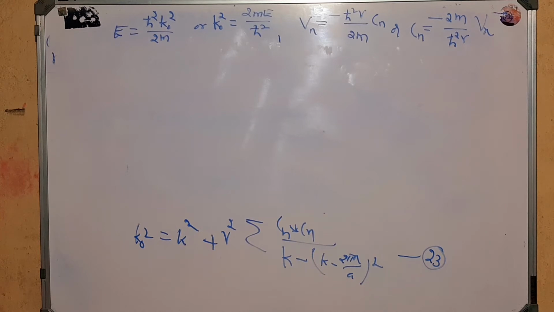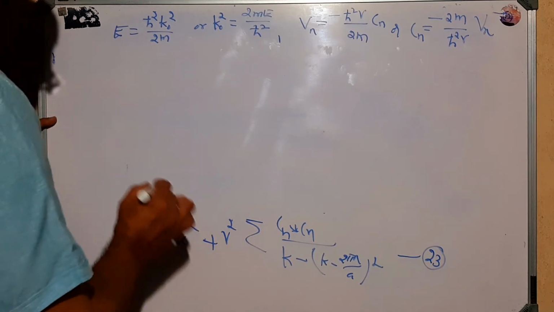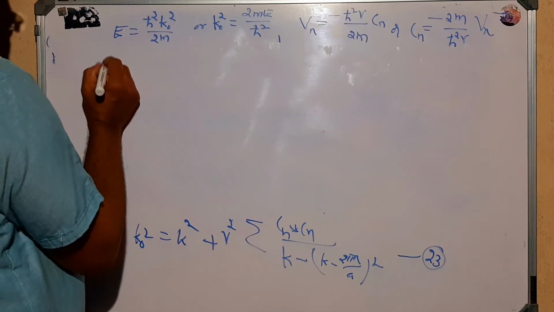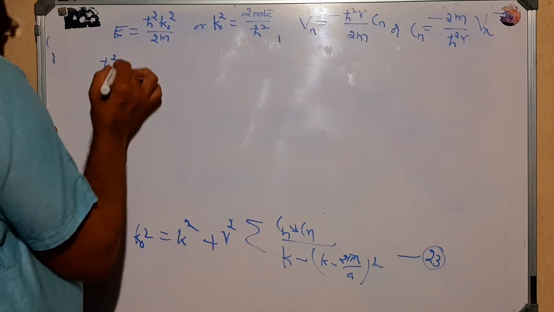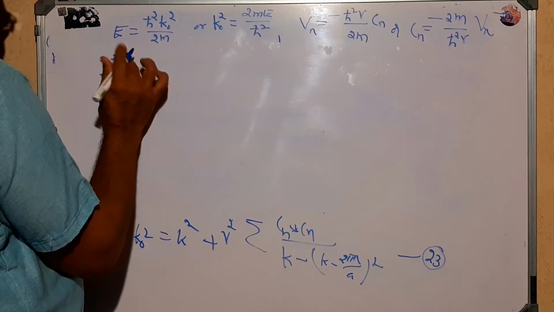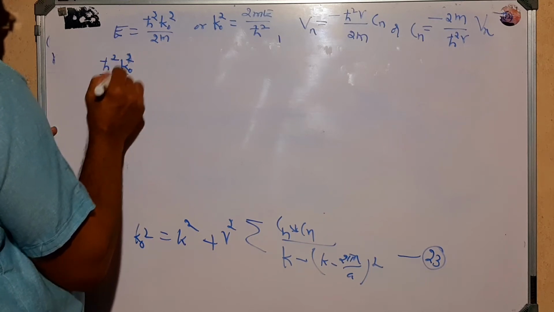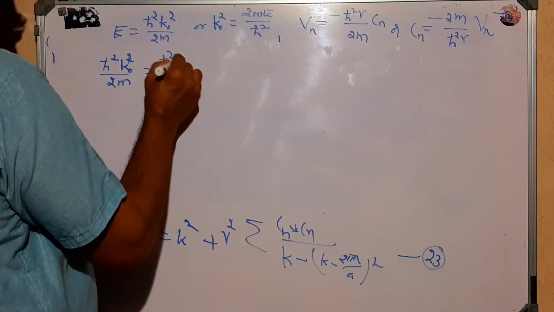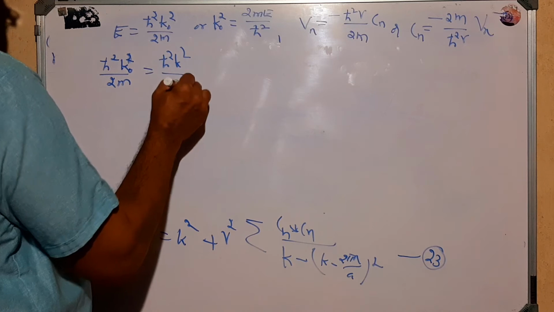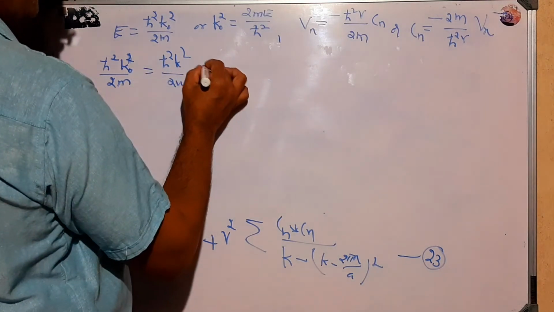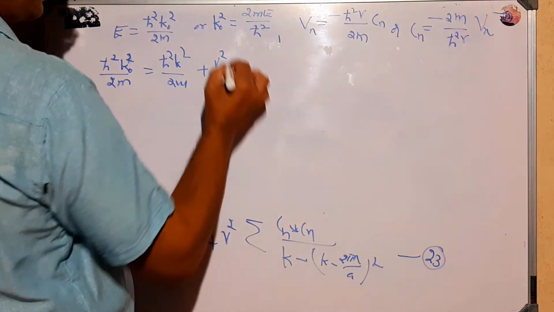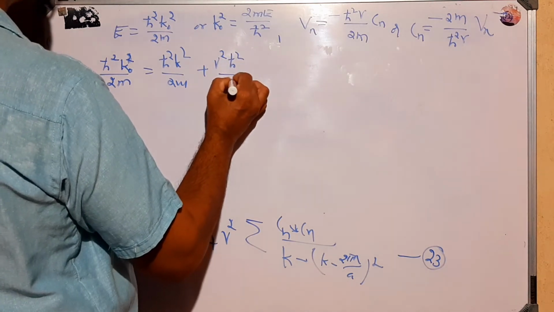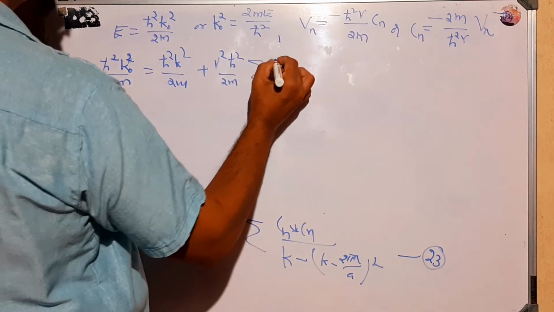You multiply both sides of this equation by h cut square by 2m. So when you do this, h cut square K naught square divided by 2m is equal to h cut square K square by 2m plus gamma square h cut square by 2m sigma.